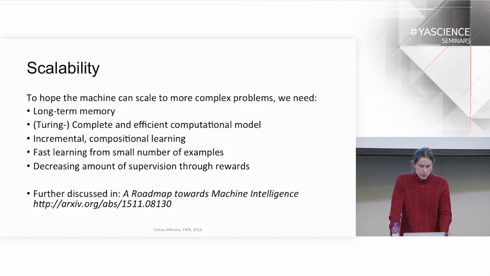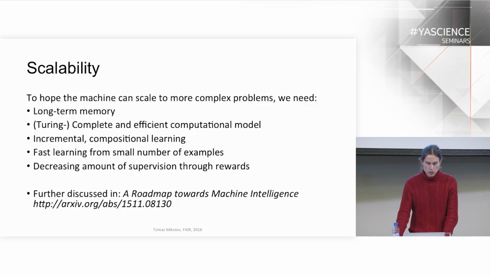And for the scalability, which is a big part of any reasonable plan for how to solve artificial intelligence, we think that there has to be some way the intelligent machine can deal with some problems or do some tasks.